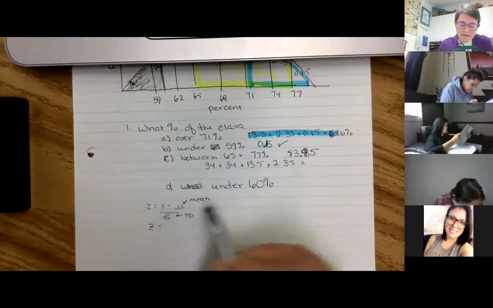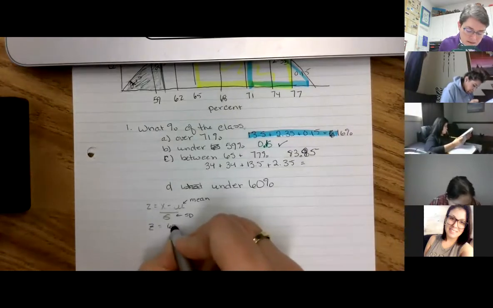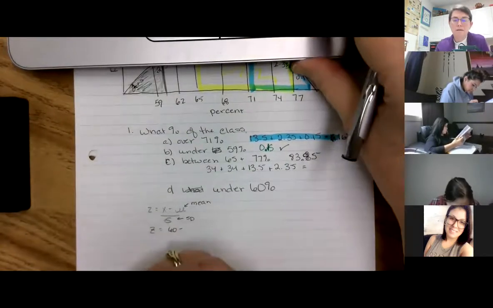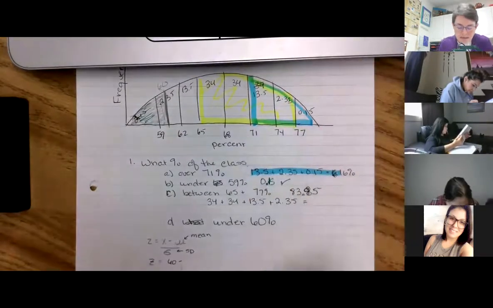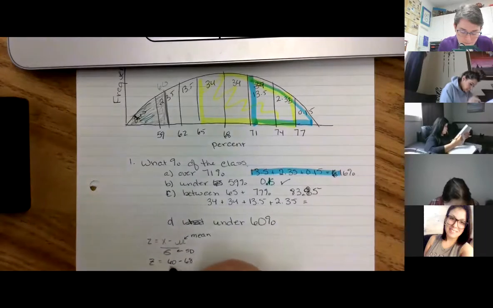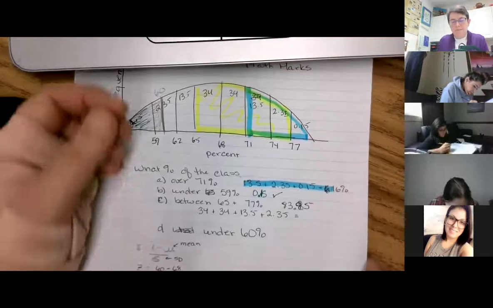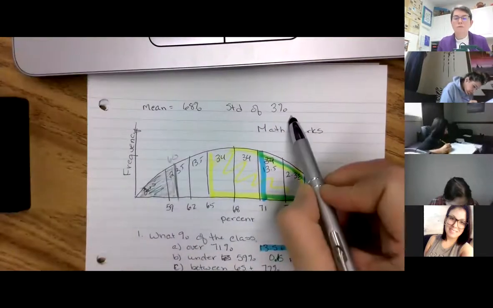X is my data point, so that's gonna be 60 minus my mean. Goodness, what was my mean? My mean was 68 over my standard deviation, which was 3.